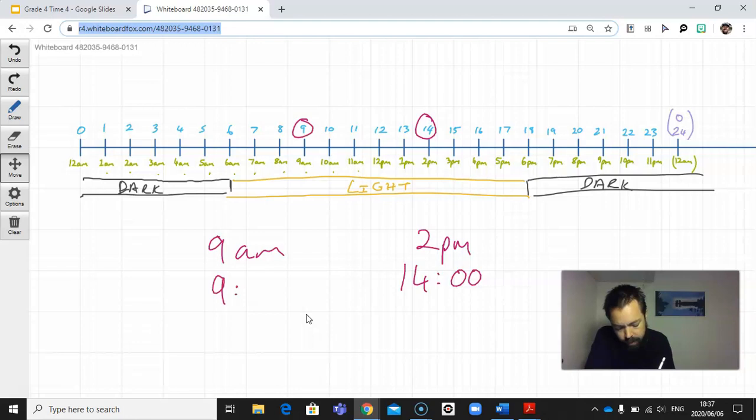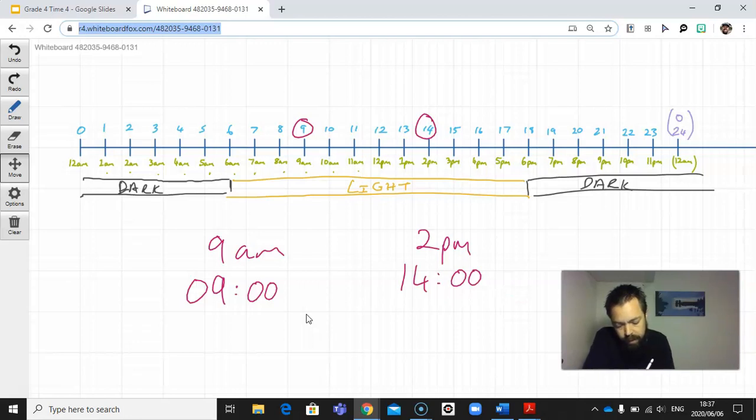So 9, 00. There is something important when we write 24-hour time. We need to write a number in the front, so there must always be 4 digits. I'm excluding seconds. So in fact, we say that it's 0900. So we write it like that.